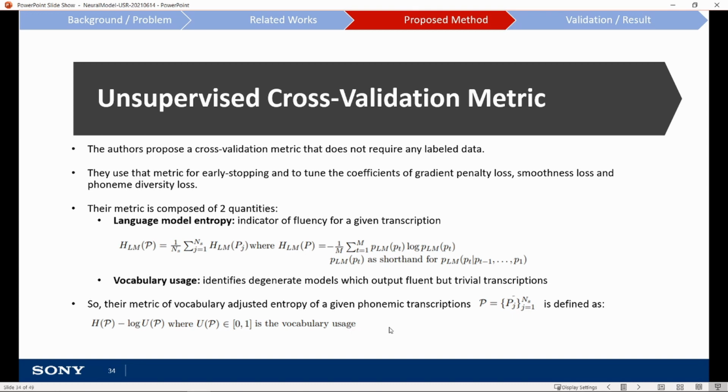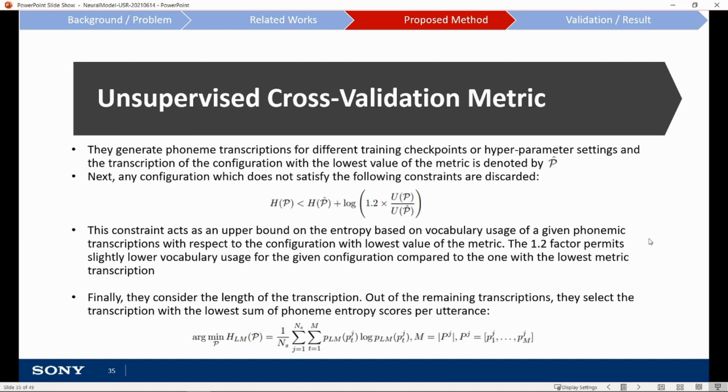Now that they have arrived at this metric which makes sense, the next question is how to use this metric. What they do is they generate these phonemic transcriptions for different training configurations and hyperparameter settings, and the model with the lowest value of this metric is denoted by p hat.